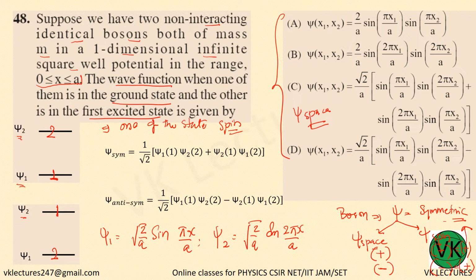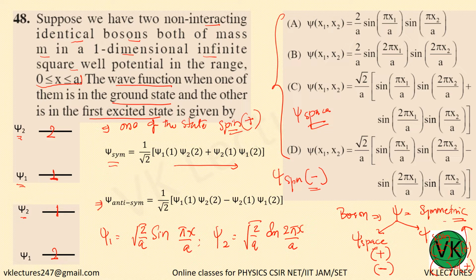If psi spin is symmetric, then your psi space also must be symmetric, and you have to use this formula. If psi spin was anti-symmetric, that is minus, then your psi space must again be anti-symmetric, so then you have to use this formula.